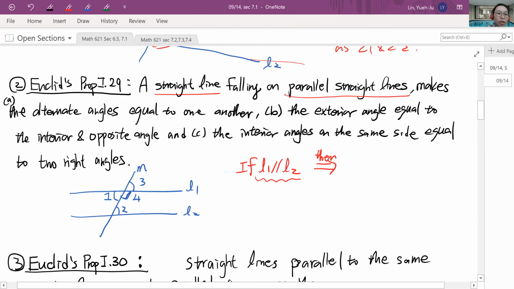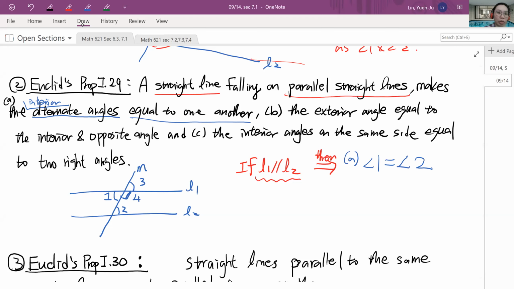First, the interior alternate angles are going to be equal to one another. So the first part, A, is that the interior alternate angles, that's essentially 1 and 2, are equal to one another, okay? Let me circle these two angles, 1 and 2, the interior alternate angles. They're going to be equal to each other.